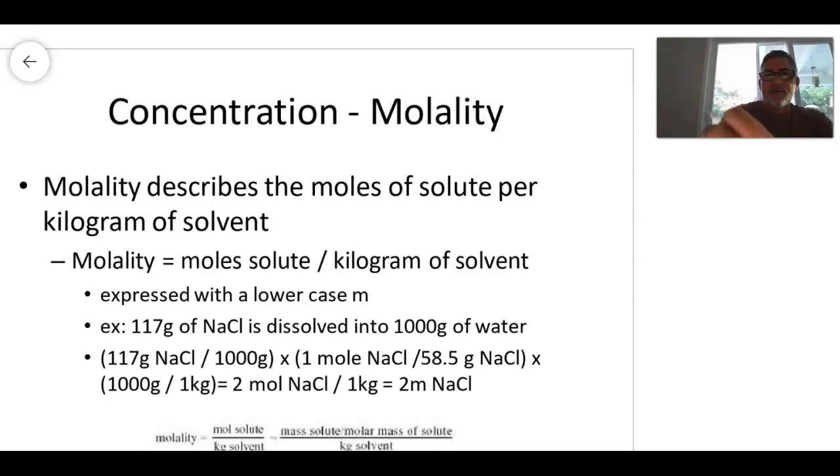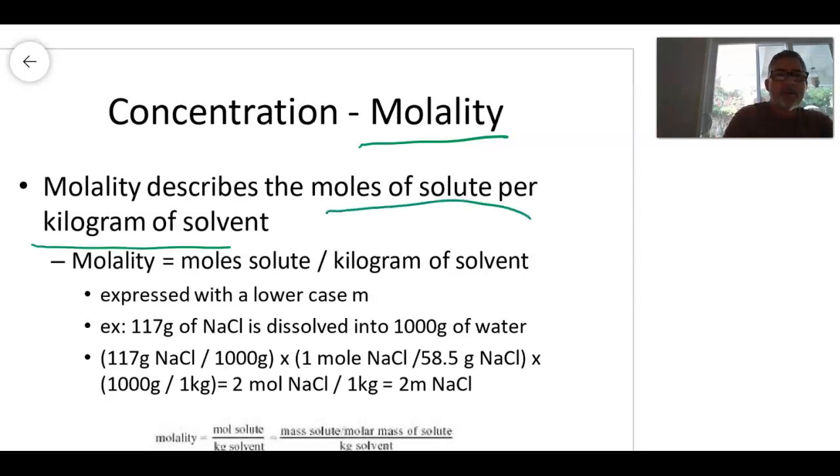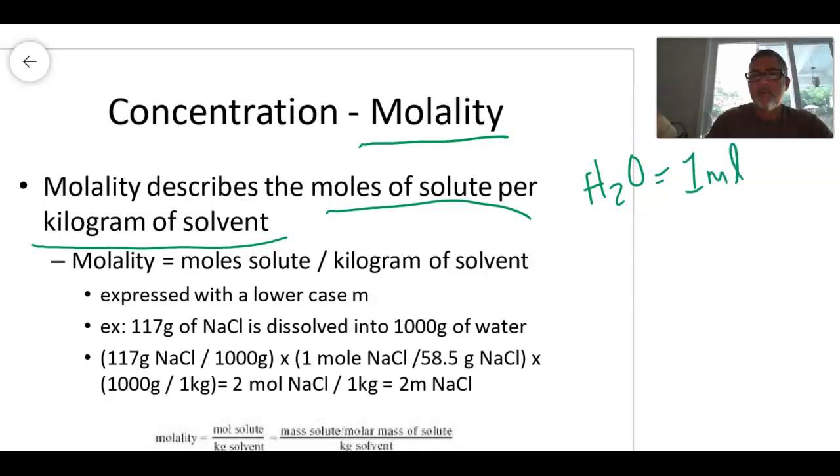Molality is a little bit different. It sounds similar, but it's not. It's moles solute per kilogram solvent. Molarity and molality for aqueous solutions are the same, because 1 milliliter of water equals 1 gram.